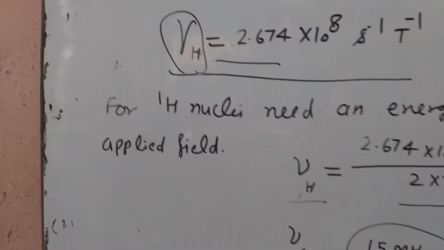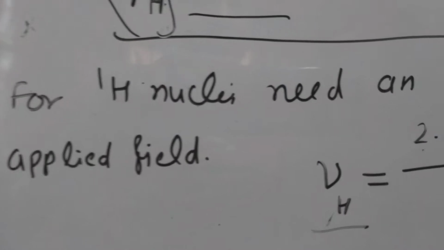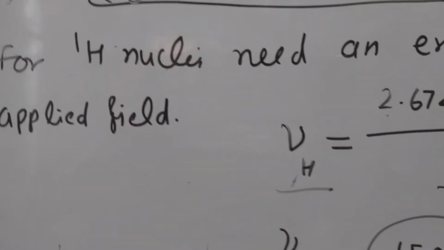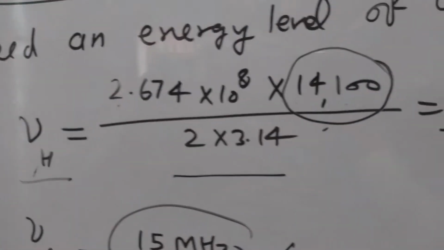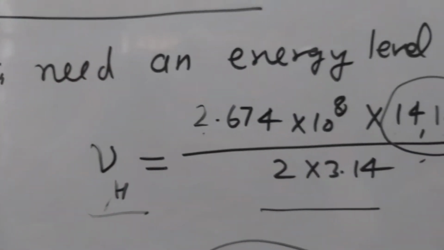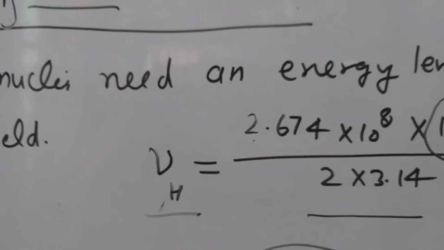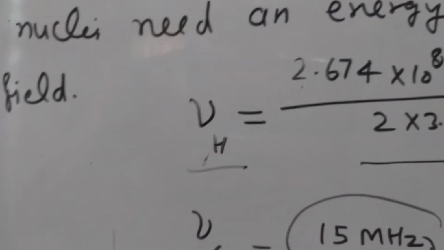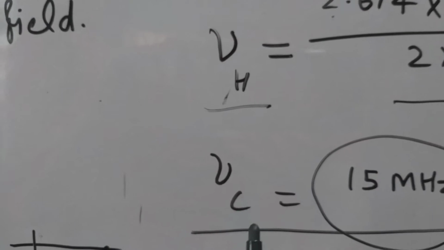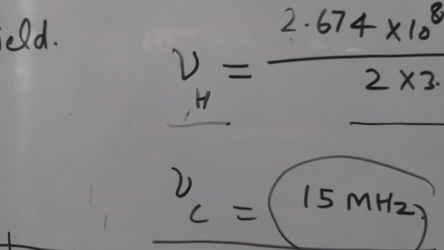And if we calculate the resonance frequency for the hydrogen nuclei, it comes out to be 60 megahertz by using an applied magnetic field of 14,100 Gauss or 1.41 Tesla. But for carbon-13, it comes out to be 15 megahertz.